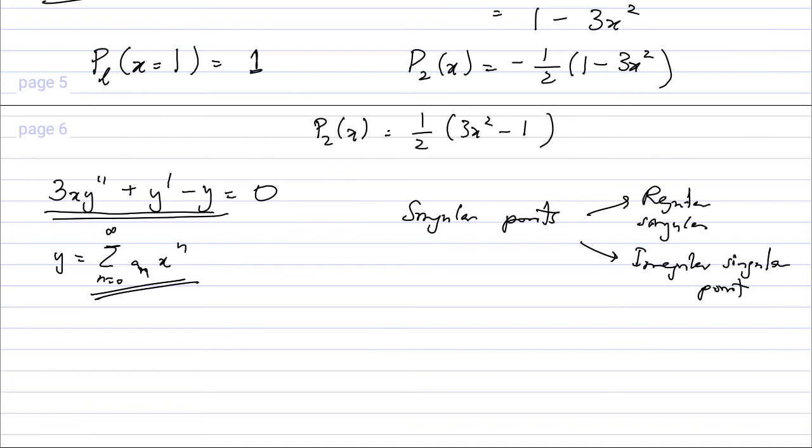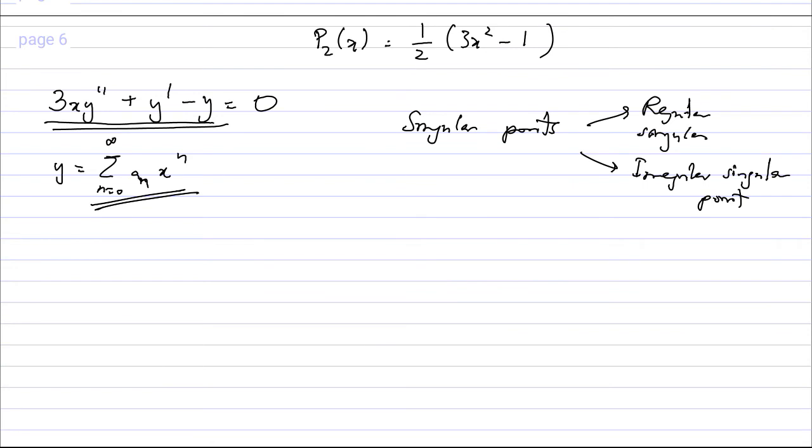For a regular singular point, on the other hand, what is it? First of all, once again, you write down your differential equation in the standard form. Regular singular point means that, of course, at that singular point x naught, p(x) is not well behaved, or q(x) may not be well behaved. At least one of these two is not well behaved.